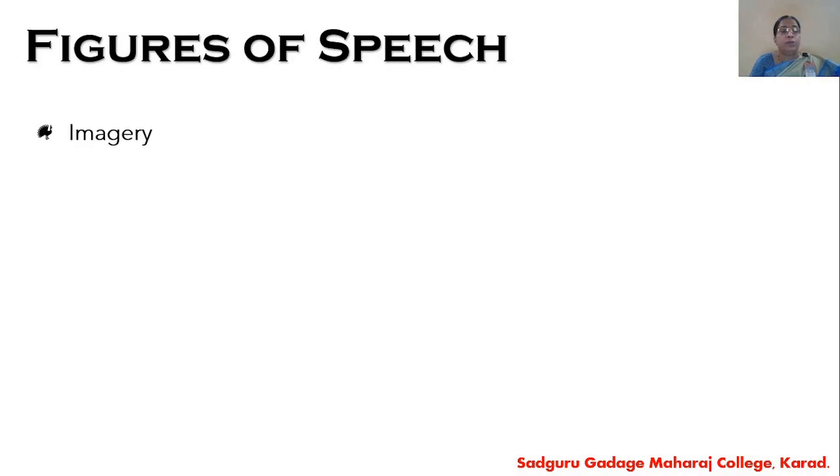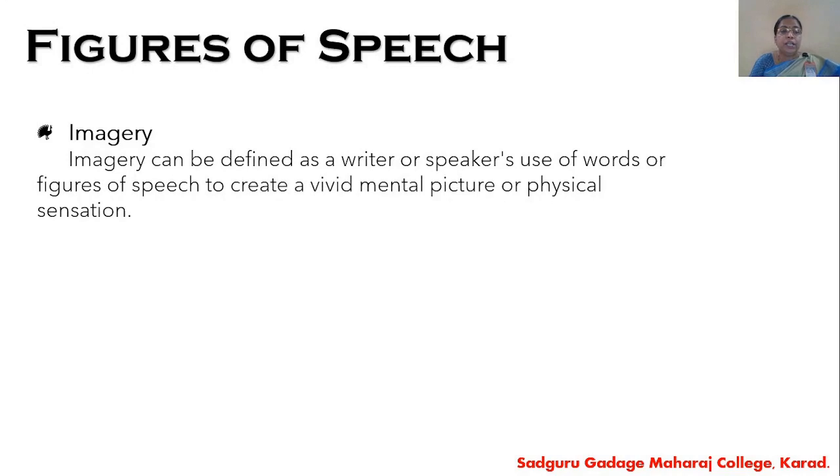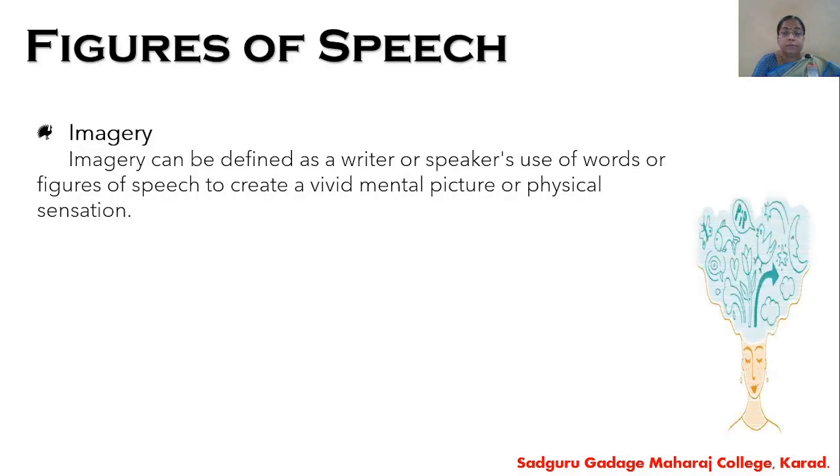Next figure of speech is imagery. Imagery can be defined as a writer or speaker's use of words or figures of speech to create a vivid mental picture or physical sensation.